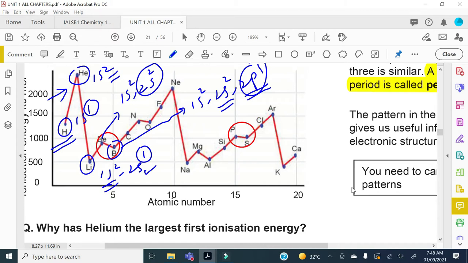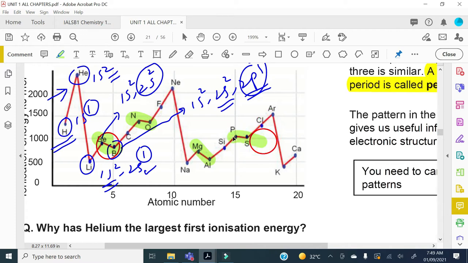Now you can see I have highlighted these points, Be and B, beryllium and boron. The examiner will be asking questions about these points. Let me highlight those points once again for you. There will be a question about this area, and this one, and this one.